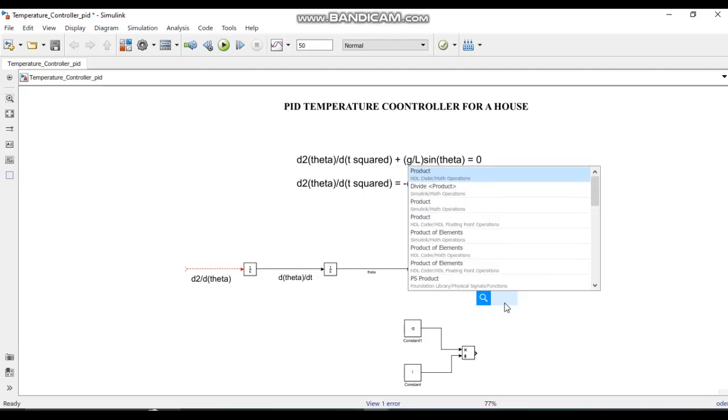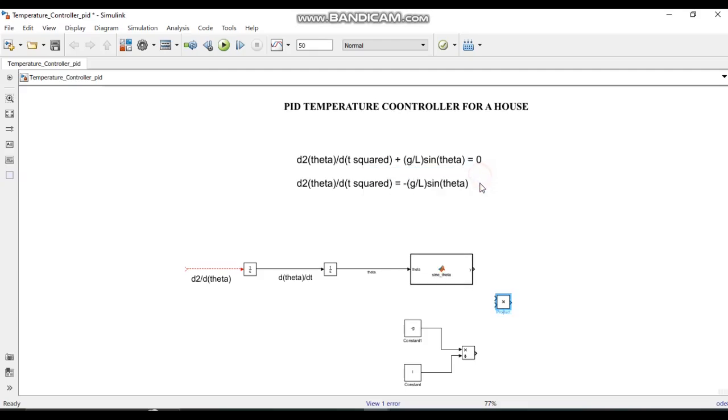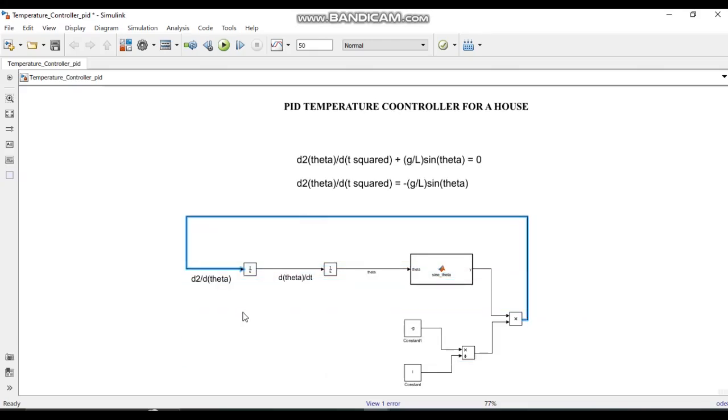I need the product. There you have it. Now this is the output of the right hand side and this is the output of the left hand side. So what do we do now? Yes, connect them like this. There, we are done.